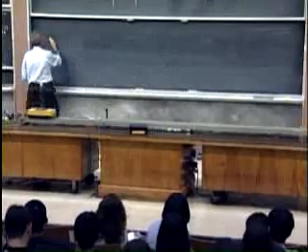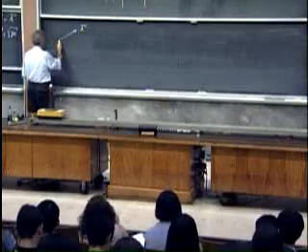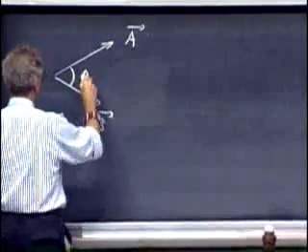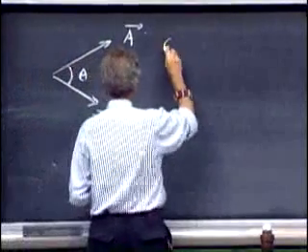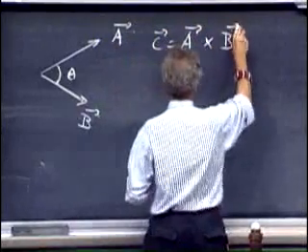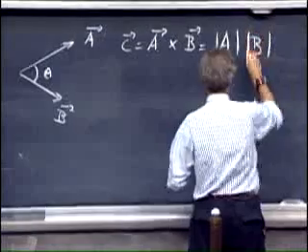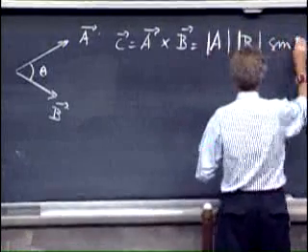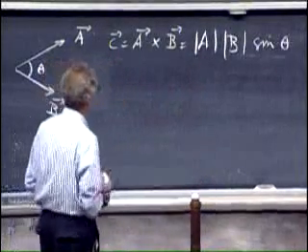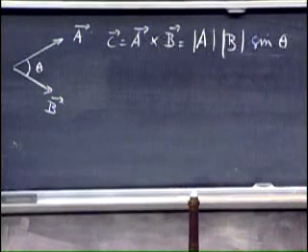If you know vector A, and you know vector B, and you know that the angle is theta, then the cross product C equals A cross B is the magnitude of A times the magnitude of B times the sine of theta. Not the cosine of theta as we had before with the dot product. It is the sine of theta.